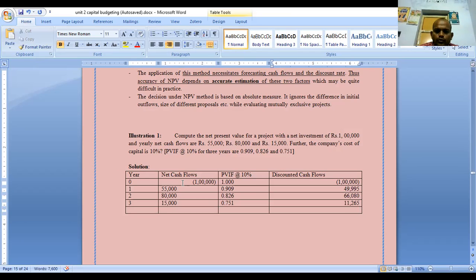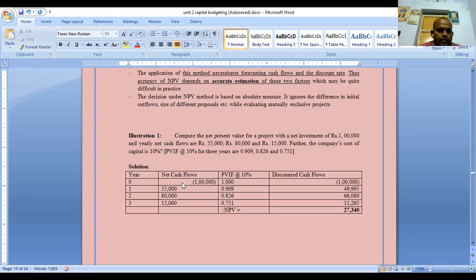So we have to combine the inflows and deduct the outflow. In this case inflows are more than the outflow of 1 lakh rupees. So net present value, NPV, is equal to 27,340.